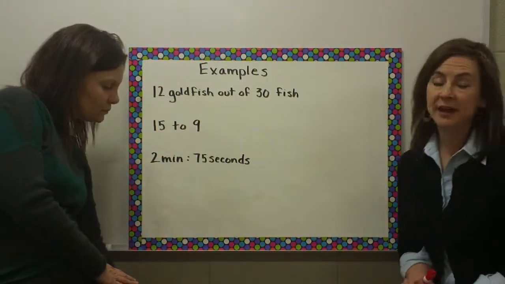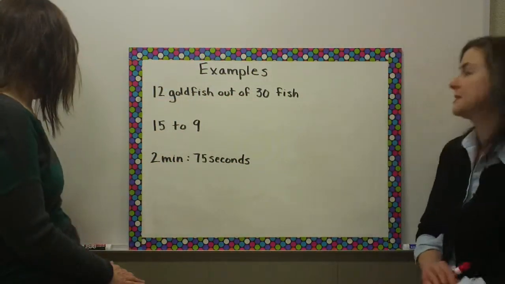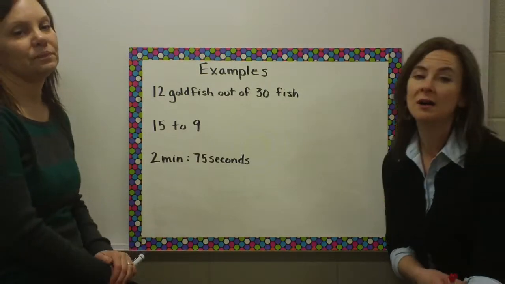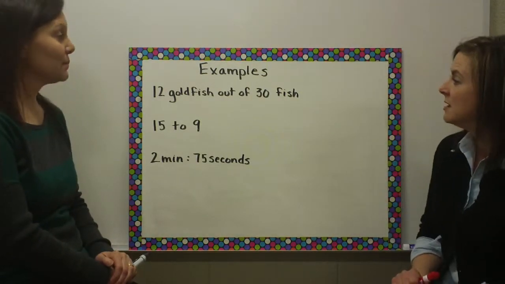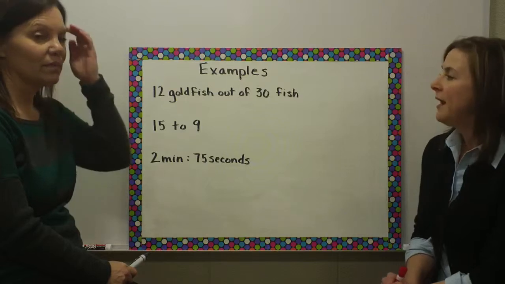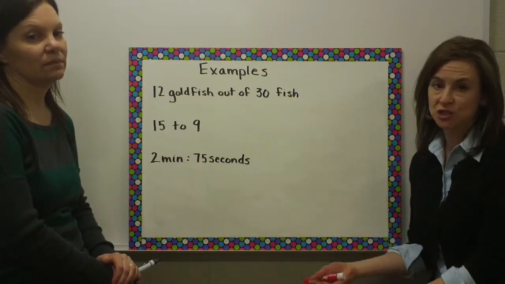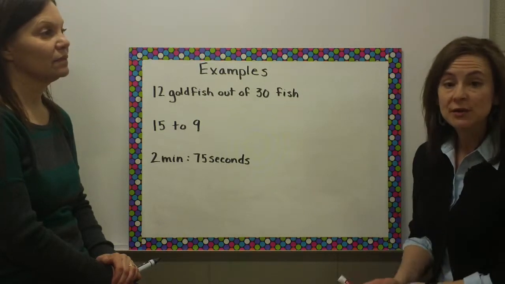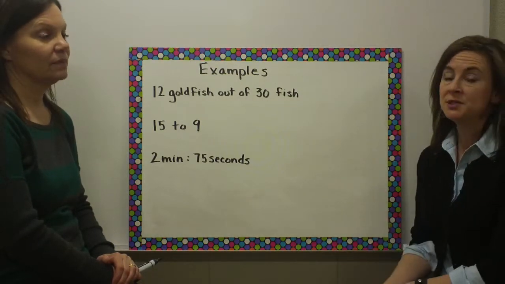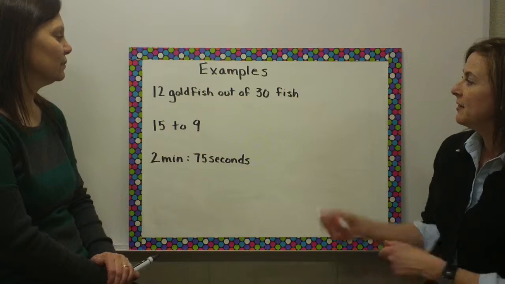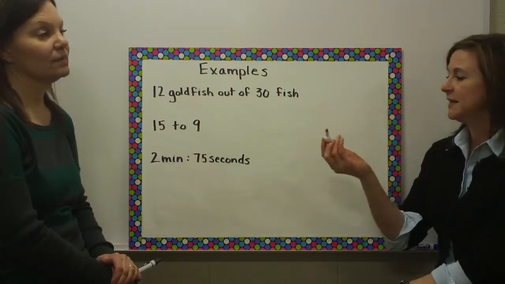So we're going to take a look at some examples, which of course we want you to make sure that you are writing down in your notes. We have first 12 goldfish out of 30 fish. So since a ratio is comparing 2 numbers using division, remember that there is a bunch of different ways that I can show that.